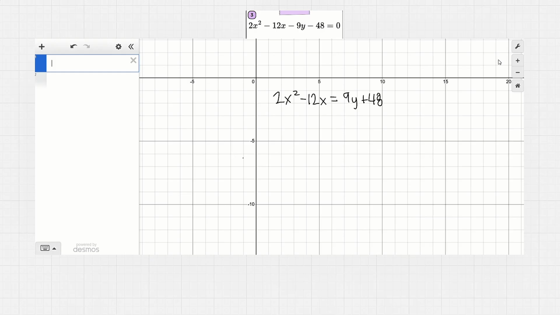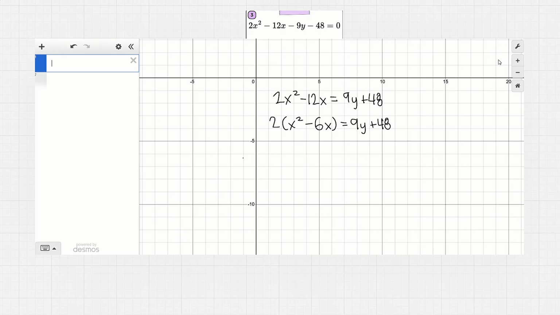But how are we going to use the perfect square trinomial? We have a coefficient of x squared, so we are going to factor 2 out. 2(x squared minus 12 divided by 2, which is 6x). Copy the other side.